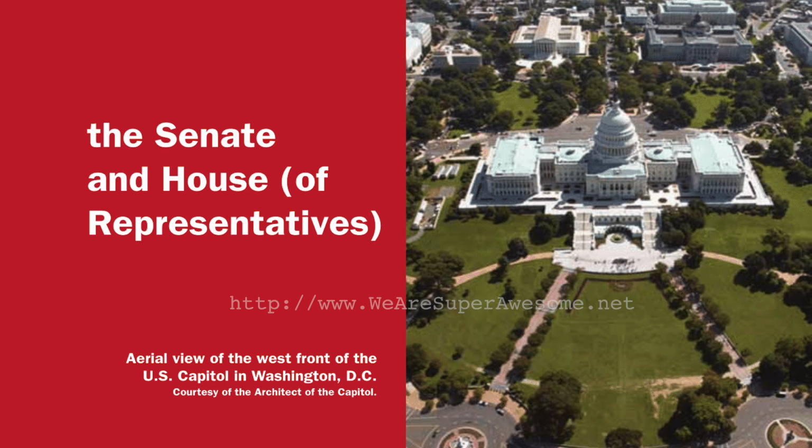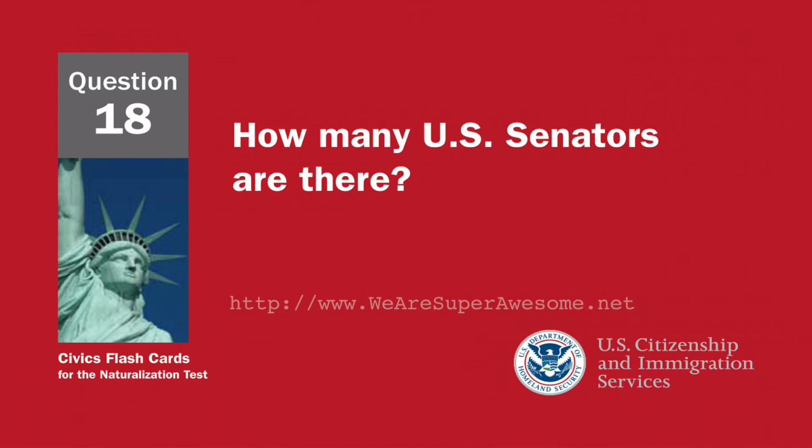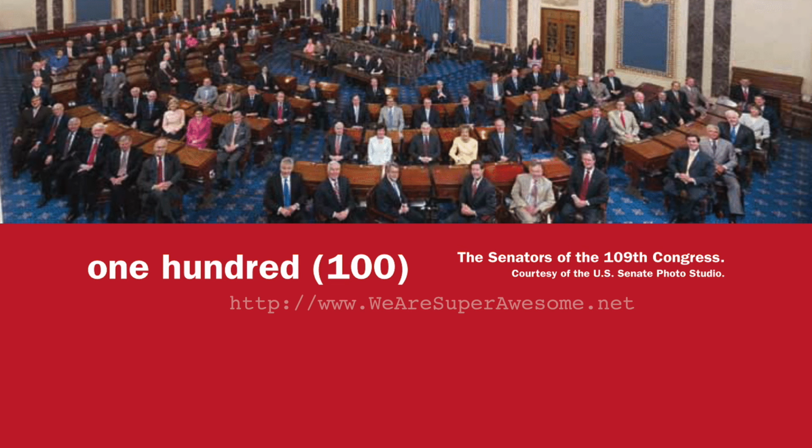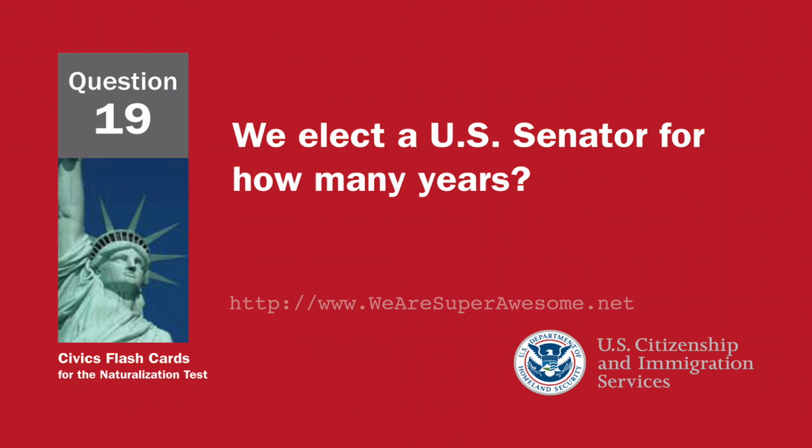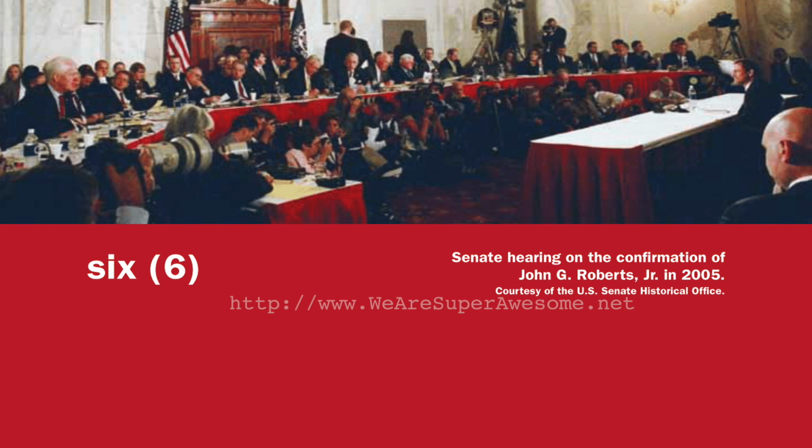The Senate and House of Representatives. How many U.S. senators are there? 100. We elect a U.S. senator for how many years? 6.